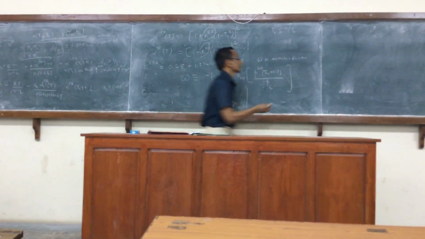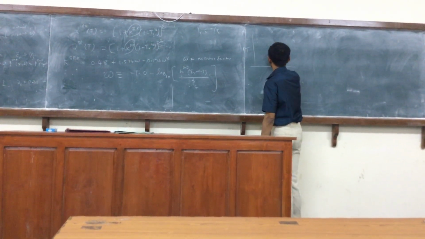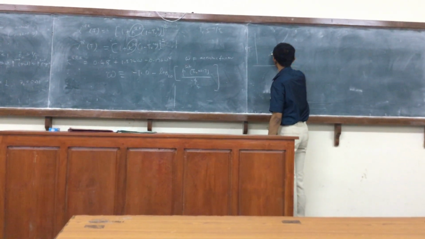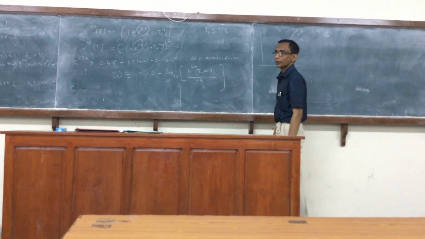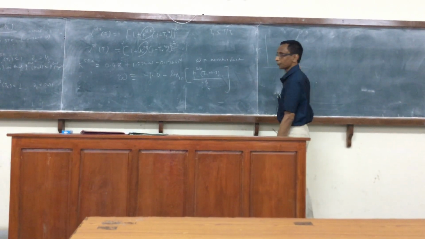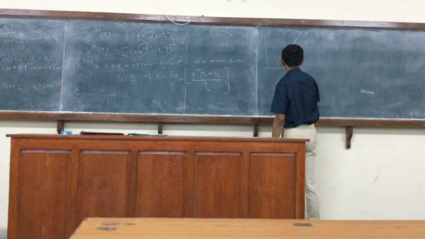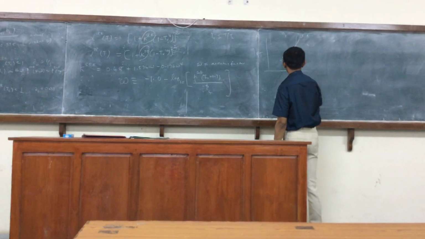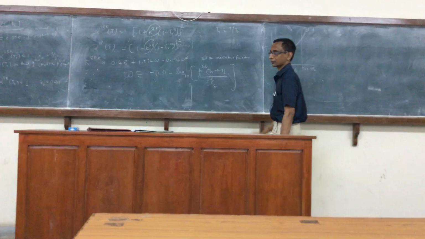We said that the liquid-vapor coexistence curve runs all the way from the triple point to the critical point. So 0.7 is the absolute T by T_c, so this temperature is T, which is 0.7 times T_c, let's say.